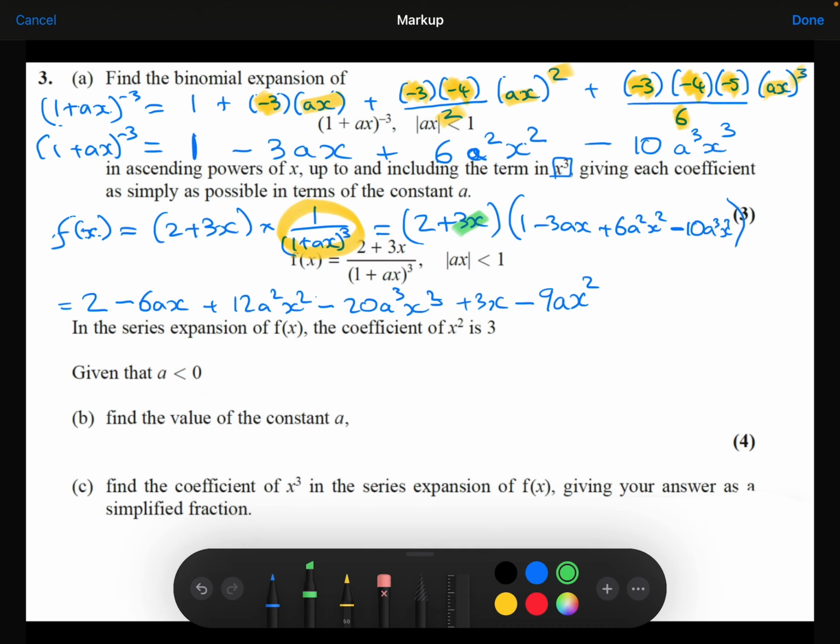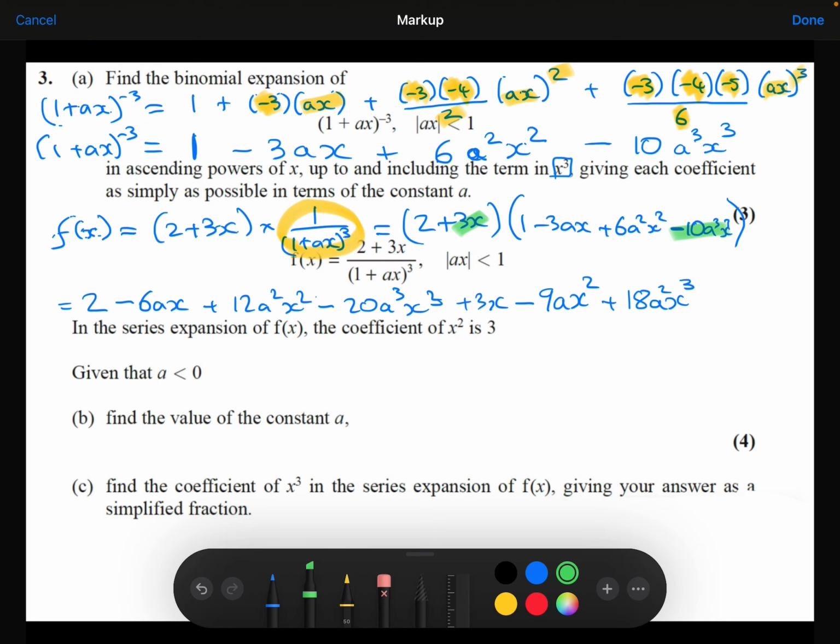The 3x times the 6a squared x squared, so that's going to give a 18a squared x cubed. And I could keep going. I could do the 3x times the minus 10a cubed x cubed, but I don't think I'm going to need to, because that's going to give me an x to the power 4. And just looking ahead for the rest of the question, I can see, no, we're not going to need that.